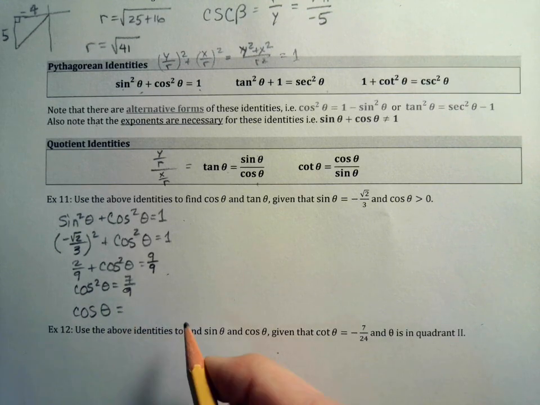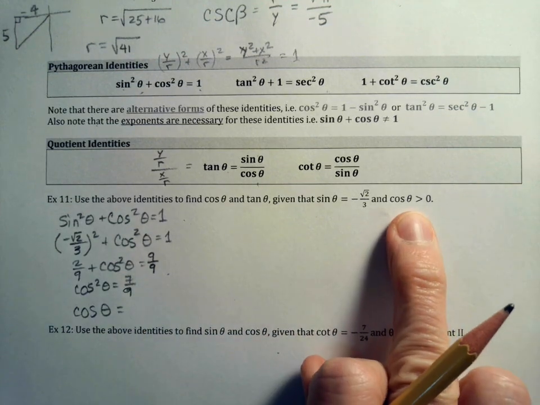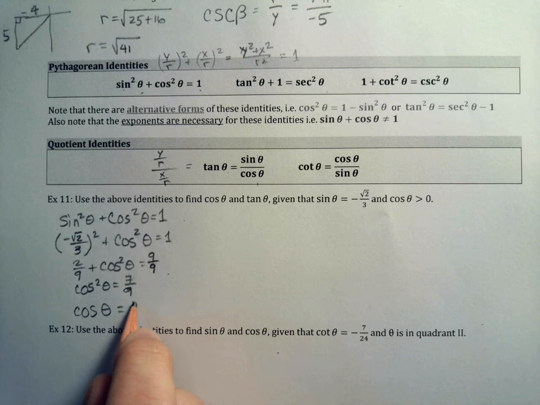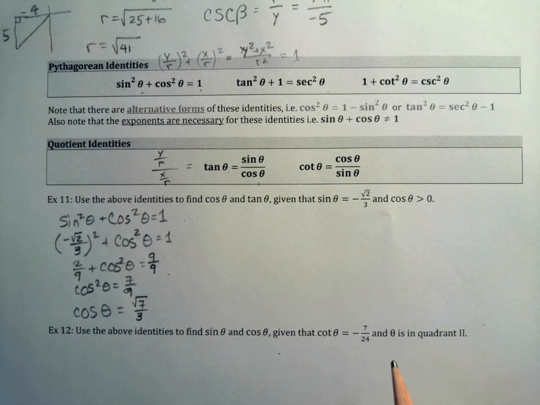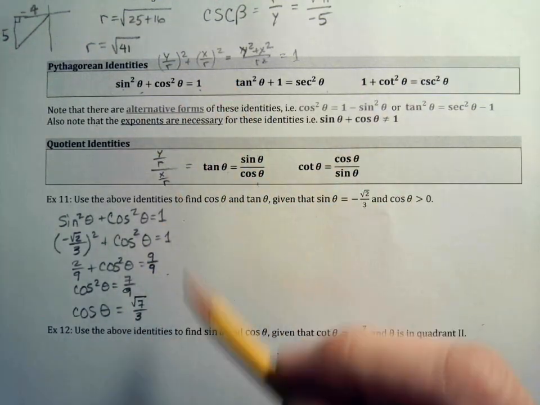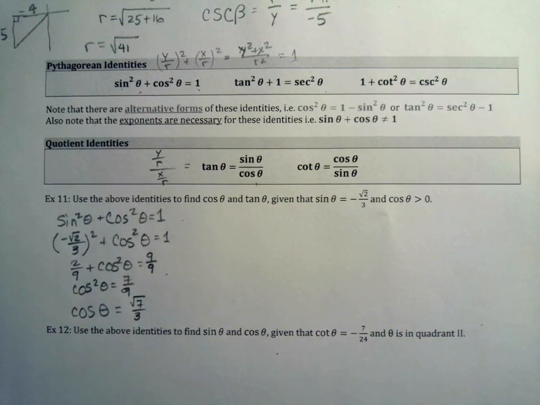We'll take the square root of both sides. And we're told that the cosine is positive, so we don't have to worry about plus or minus, but it's the square root of 7 over 3. All right, that is what the cosine of theta is. And so we just use the identity to do that rather than drawing the triangle and finding x and y and r.